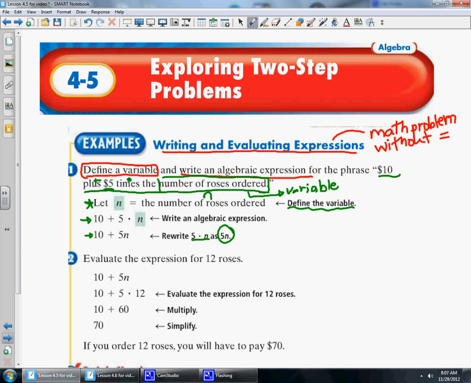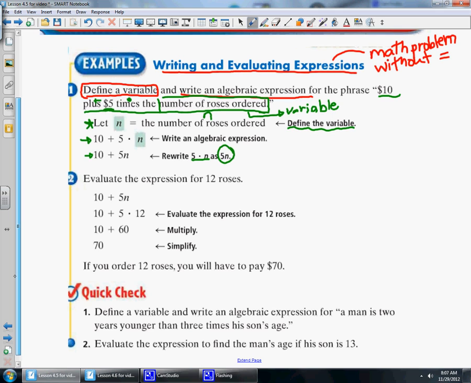Then, once you've written your algebraic expression, you're asked to evaluate the expression for 12 roses. So 12 roses is what n is equal to, because remember, we defined the variable up here: n is the number of roses ordered. So n is equal to 12, and we replace n with 12.